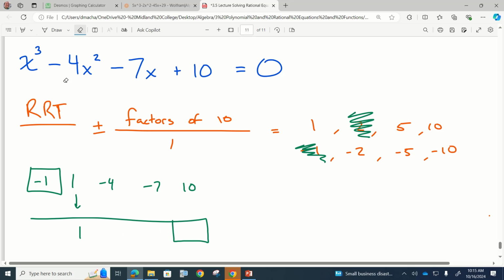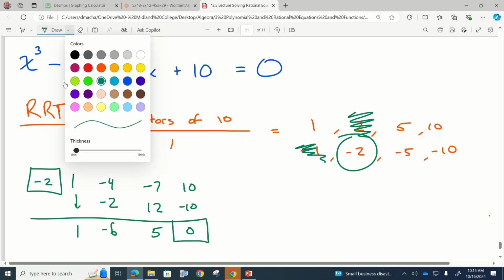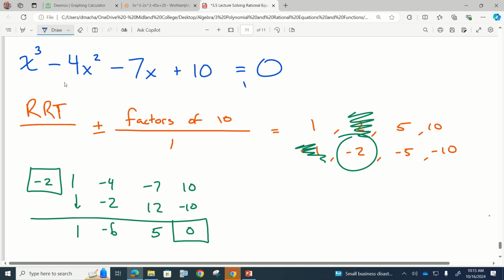Negative 2. All right, let's try negative 2. Bring down the 1 times negative 2 plus negative 4 times negative 2 plus negative 7 times negative 2, and that works. So one of my roots is negative 2, and I can take this equation and rewrite it as x plus 2 times x squared minus 6x plus 5.